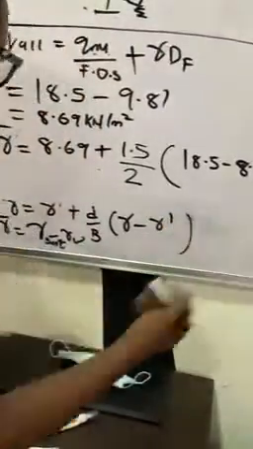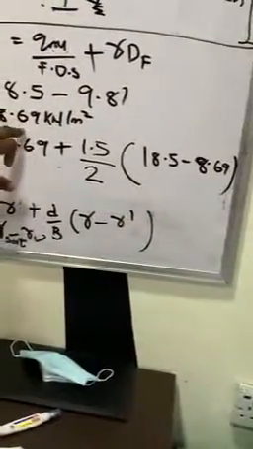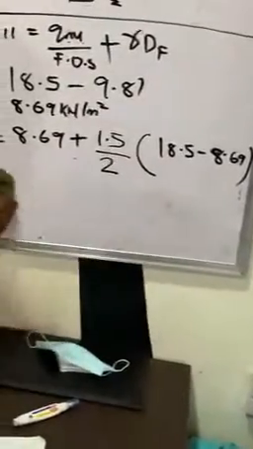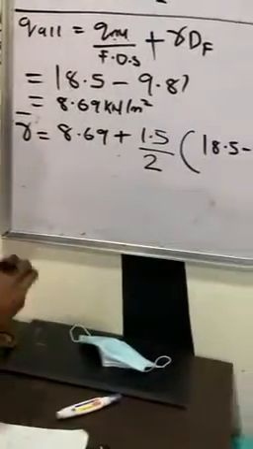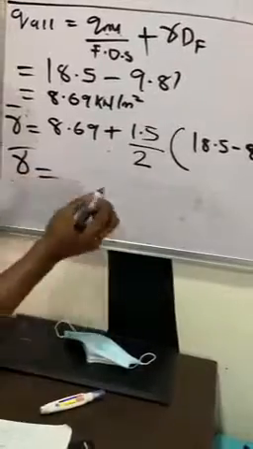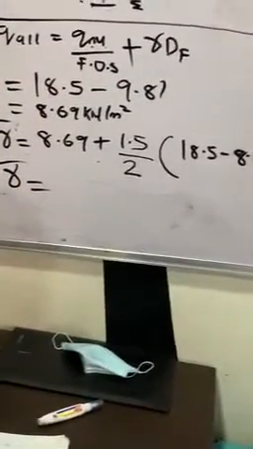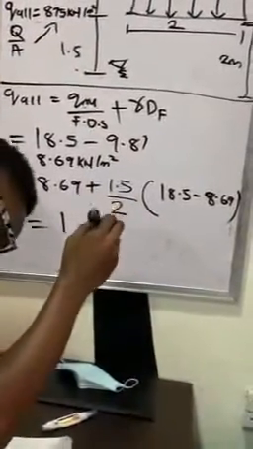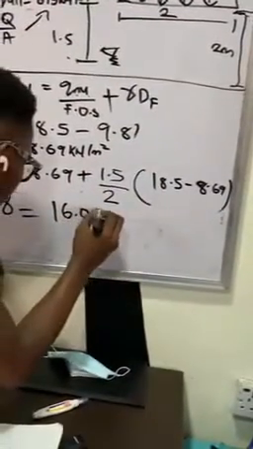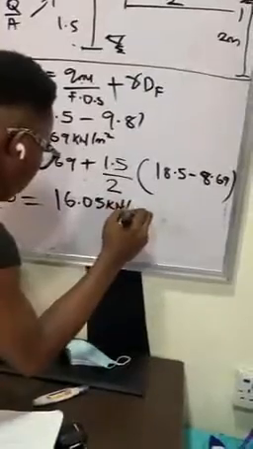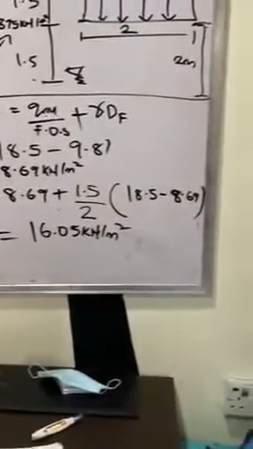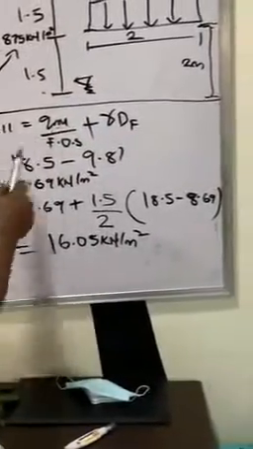This should be 9.81. After expressing this, we'll get our gamma bar. This is just calculator work. The gamma bar should be 16.05, right? So I think we're getting all we need to get our Q net ultimate.